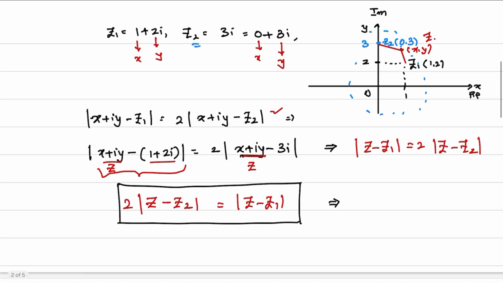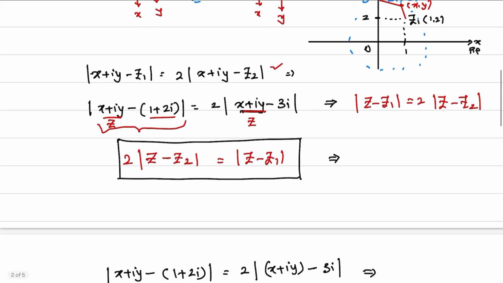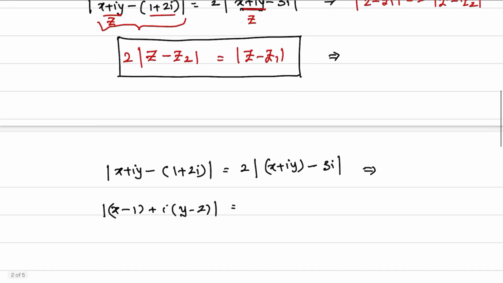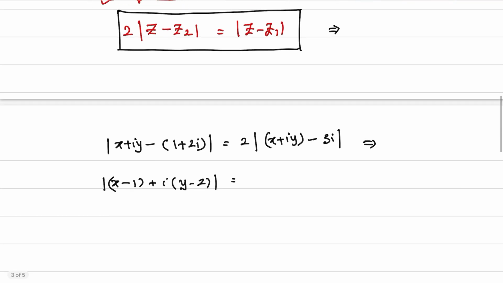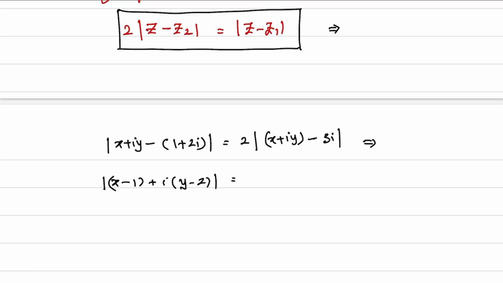That means the distance between z and z1 is modulus of x minus 1 plus i into (y minus 2). From the geometry, see how simple it is. Now 2 into modulus of x, real numbers together, plus i into y minus 3.